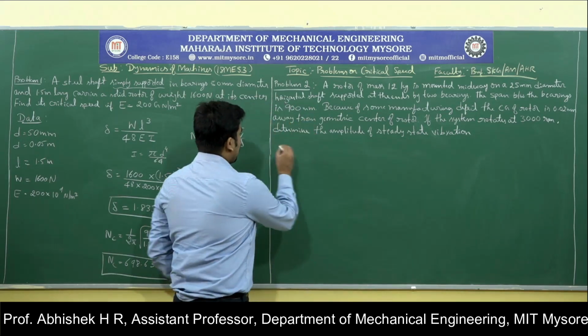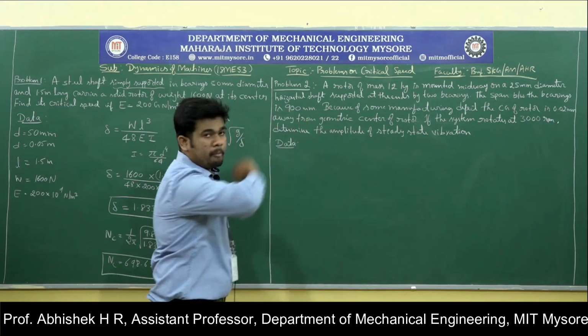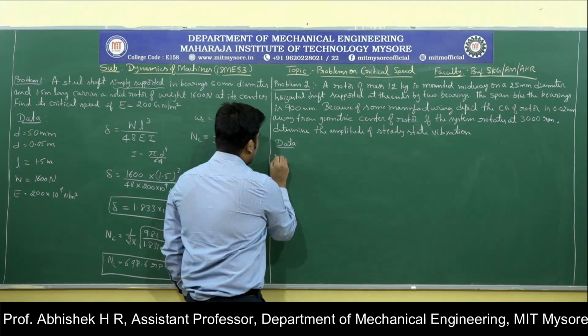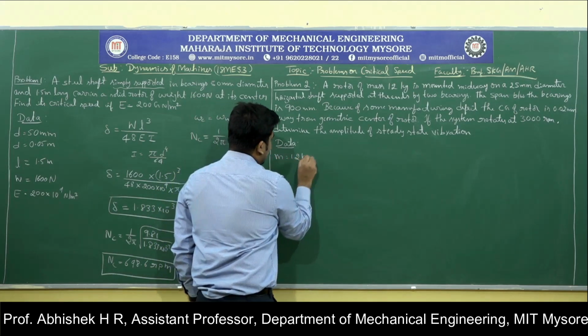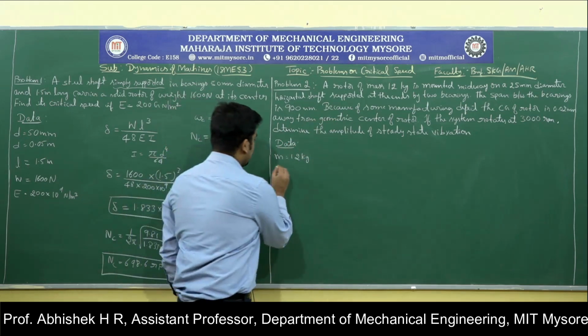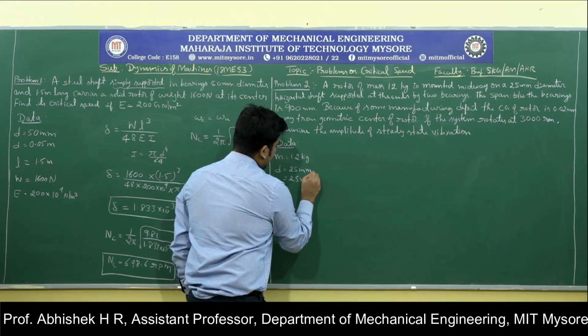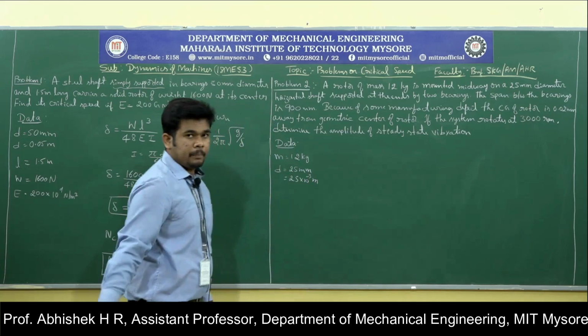So from the given problem, the rotor mass M is 12 kg and the diameter of the shaft D is 25 mm, that is 25 into 10 to the power of minus 3 meter.